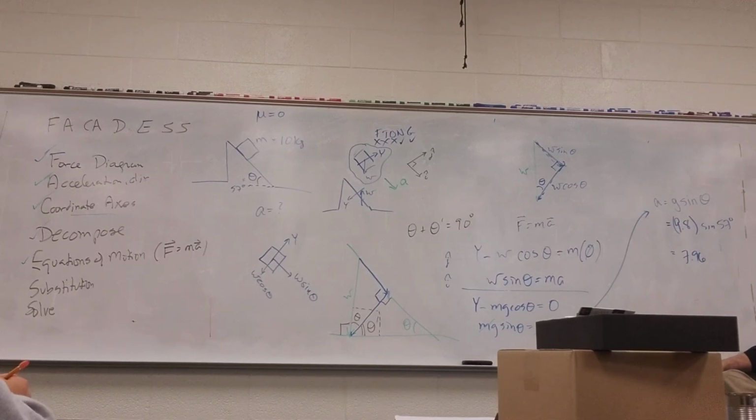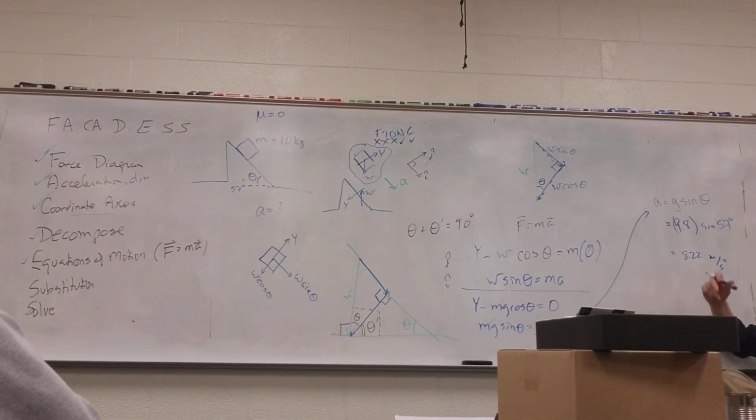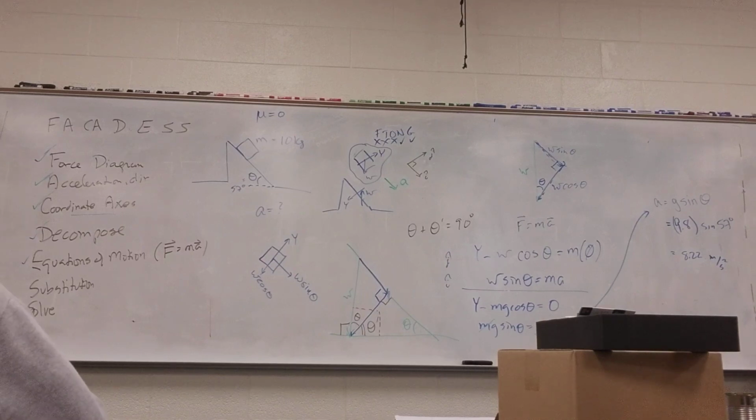Thank you. There we go. What is the actual number? Is it 7.96? 8.22. Oh, I meant to do a 53-degree angle. That's my issue. All right, 8.22 meters per second squared.